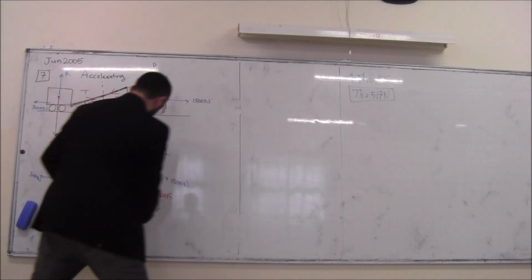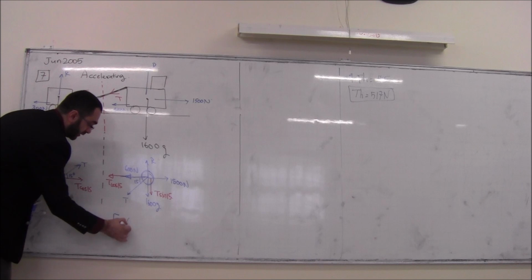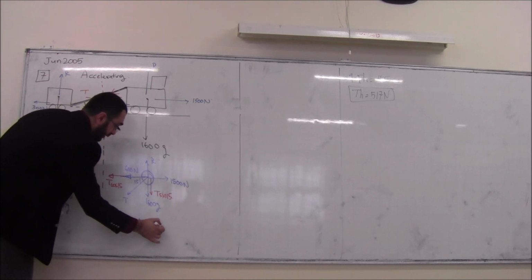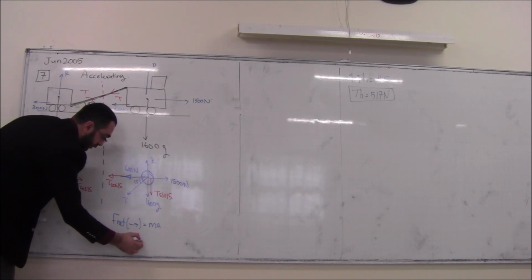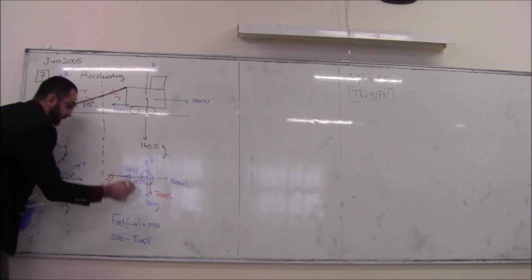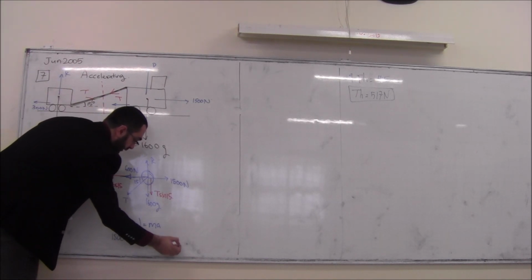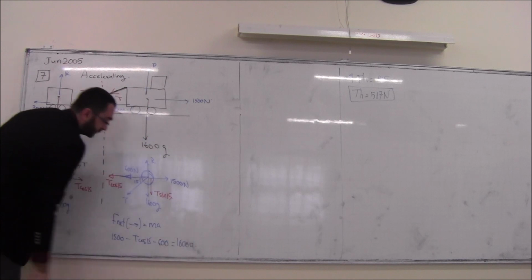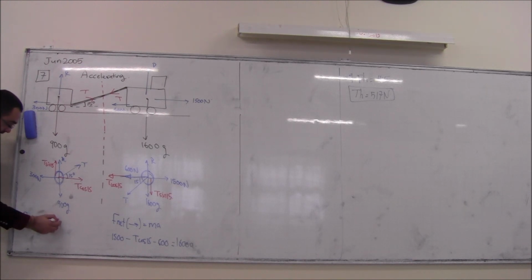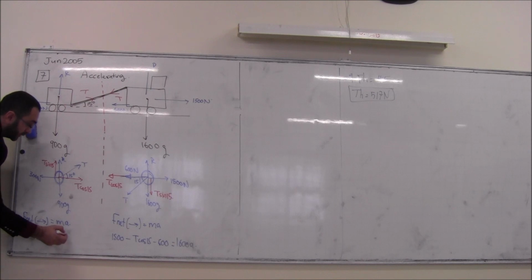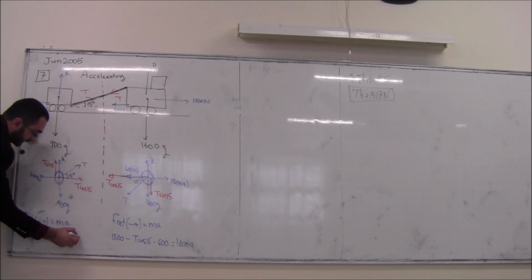For F net forward equals ma: 1,500 minus T cosine 15 minus 600 equals 1,600A. Here similarly F net forward equals ma: T cosine 15 minus 300 equals 900A.